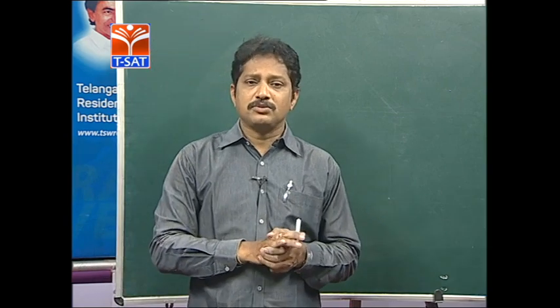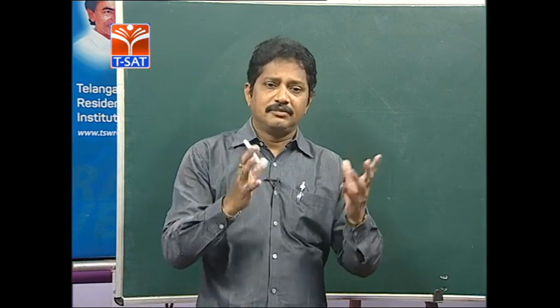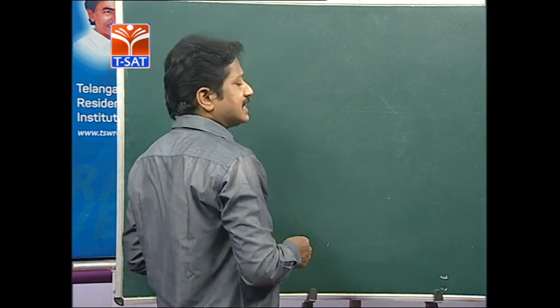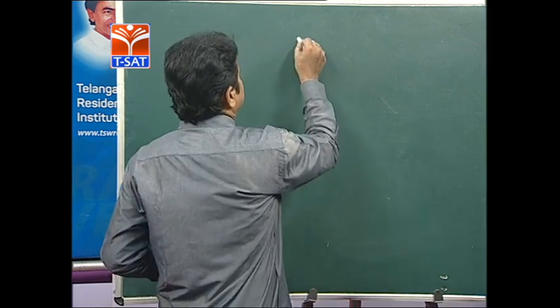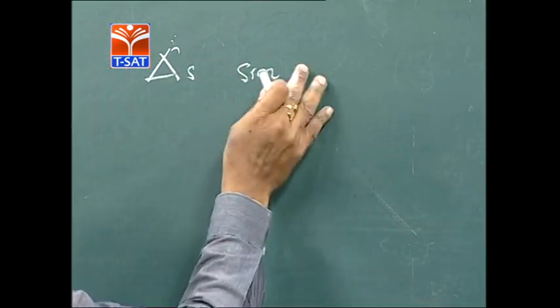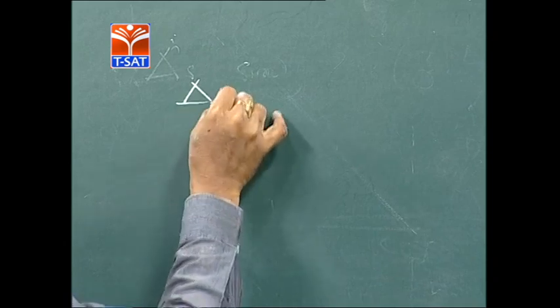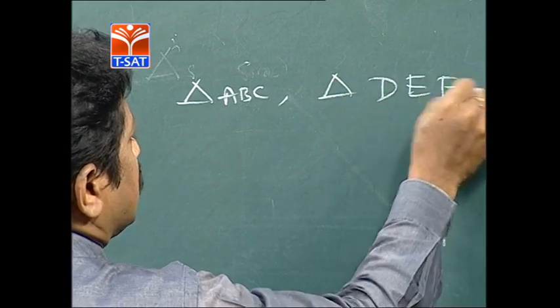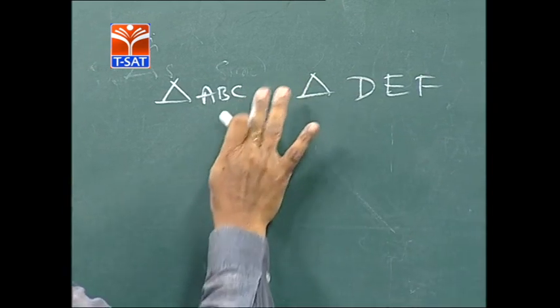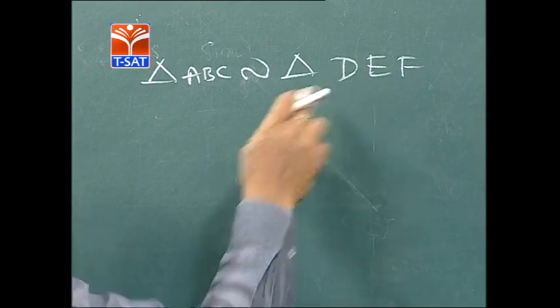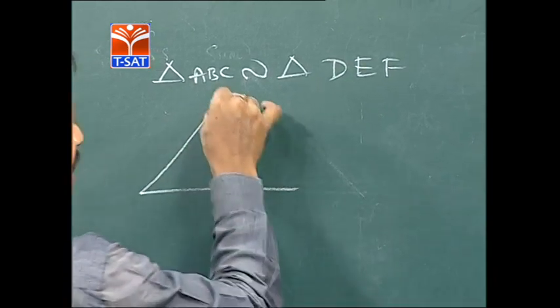Before going to practice the different riders, I will give some more properties. When two triangles are similar, for example triangle ABC and triangle DEF, just draw the triangles also.